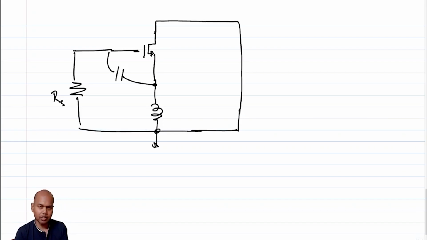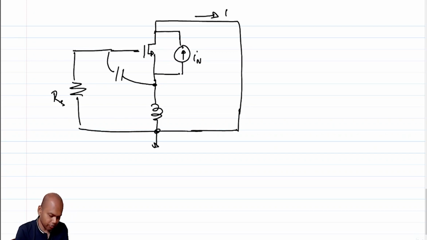But for the time being, let's only consider the effect of lossy elements, which are RS and In, right? Okay. So this is my noise source In. What I am interested in is finding out what is In out. What is the power spectral density of In out?